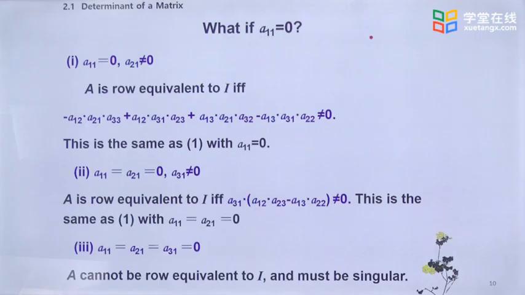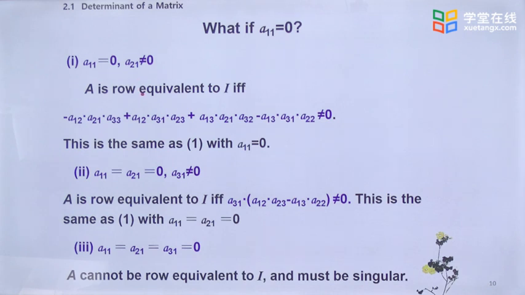For a 3 by 3 matrix, there are also some special cases. If A11 equals 0, this means the first entry of the first row is 0, so it cannot be the pivot element. In this case, if A21 does not equal 0, then we change the order of the first row and the second row. Now A21 will be the pivot element.